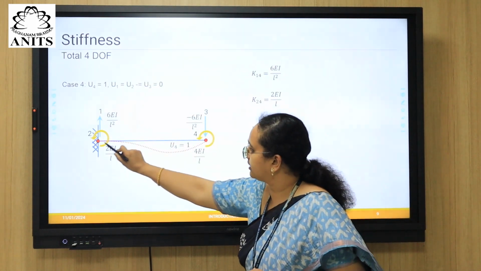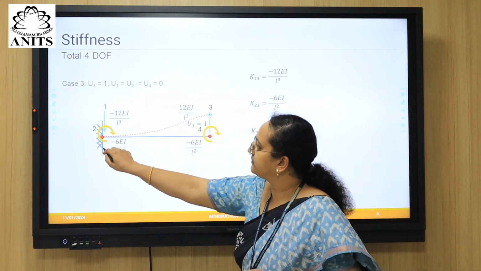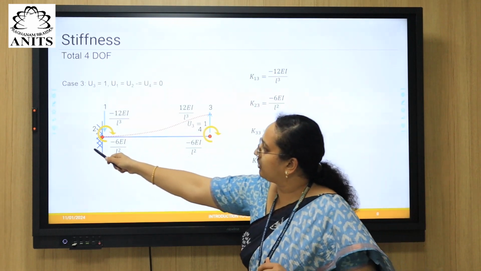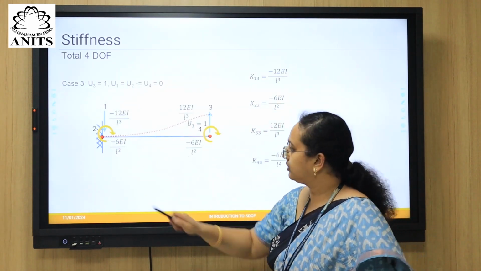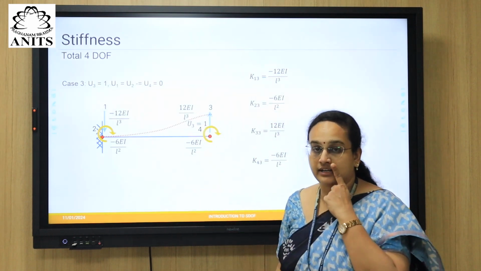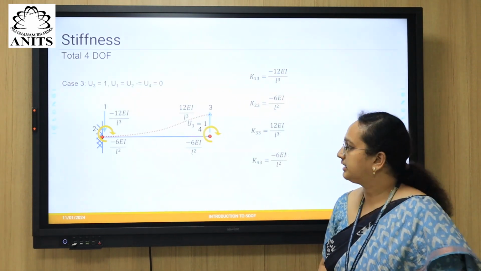Now, in the other direction, we know that it also should ensure theta equal to 0. So it also develops a clockwise moment to counter that imaginary straight line path, and that is equal to 6 EI by L square, right?